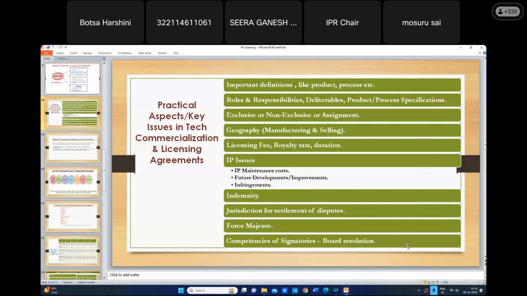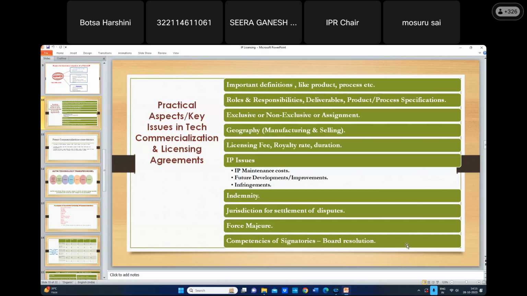Obviously, if it is an exclusive license, generally the maintenance will also be done by the receiver of the technology. If it is a non-exclusive license, the ownership is not transferred, so the maintenance has to be taken care of by the institute holding the ownership of the IP.